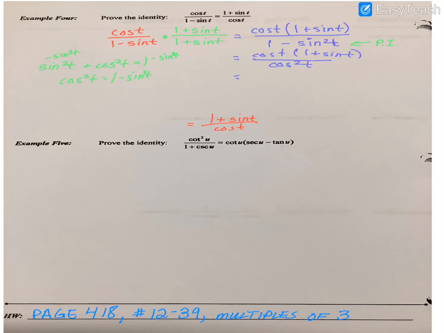I'm supposed to only have 1 cosine t on bottom, but I have 2. Do you see it? A cosine t in the numerator can cancel with a cosine t in the denominator. And that leaves me with 1 plus sine t over cosine t. And we've made it, okay? Our original matches our final answer.